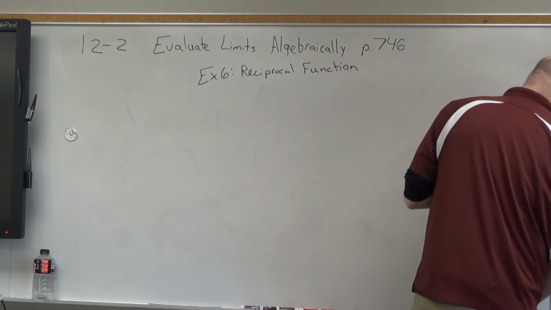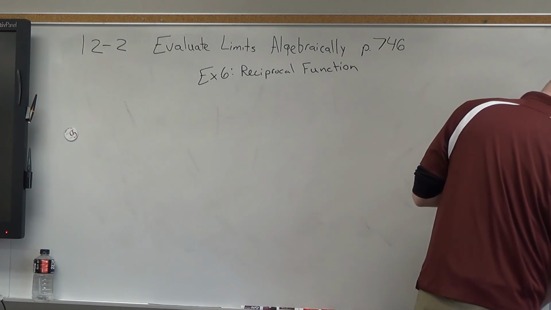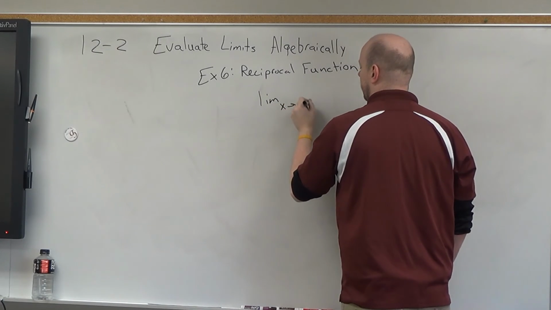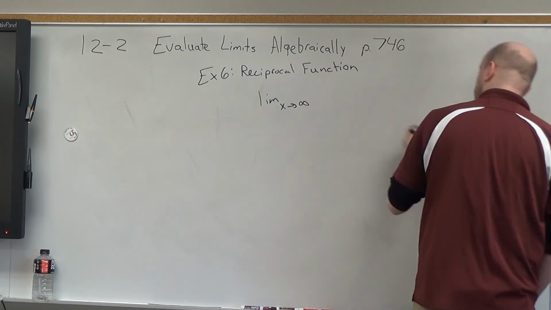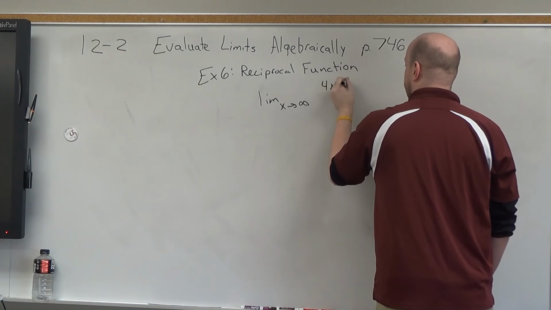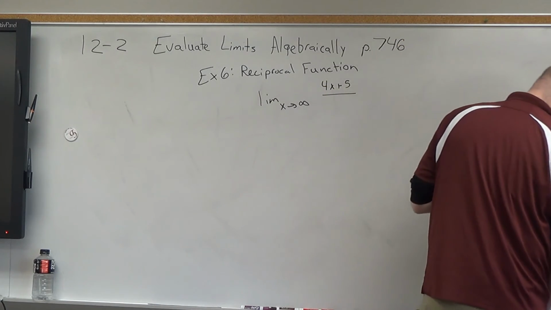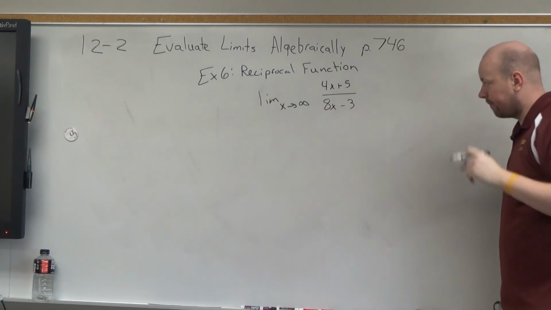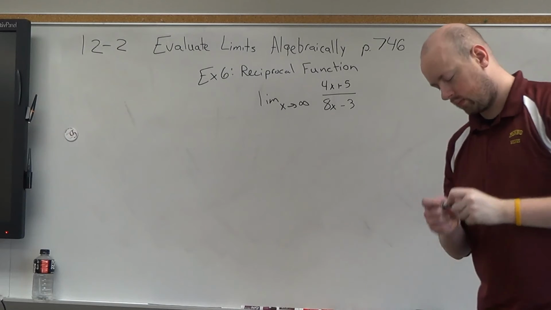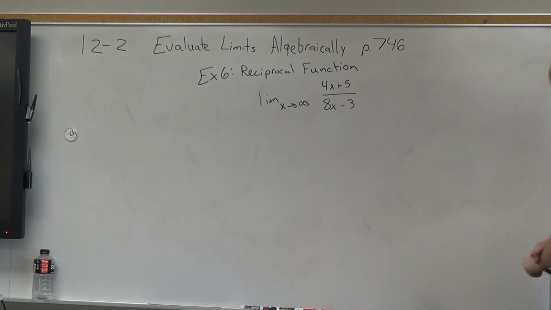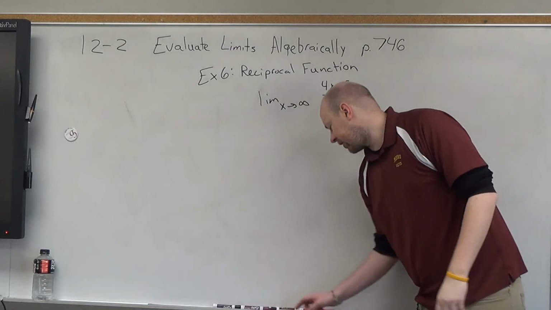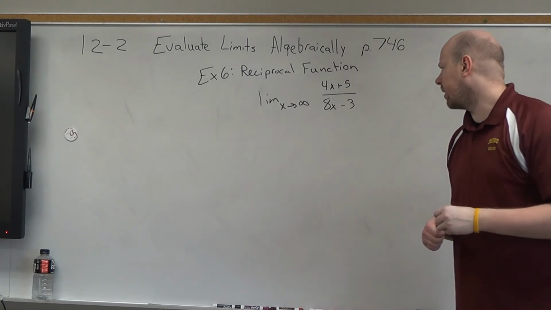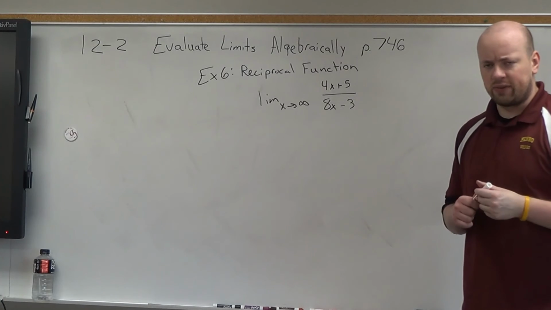Let's find the limit as x approaches infinity of 4x plus 5 over 8x minus 3. Now this looks pretty scary and pretty intimidating, and the first step we're going to do is pretty weird and not something you'd be familiar with, but hopefully it makes sense after we do it.